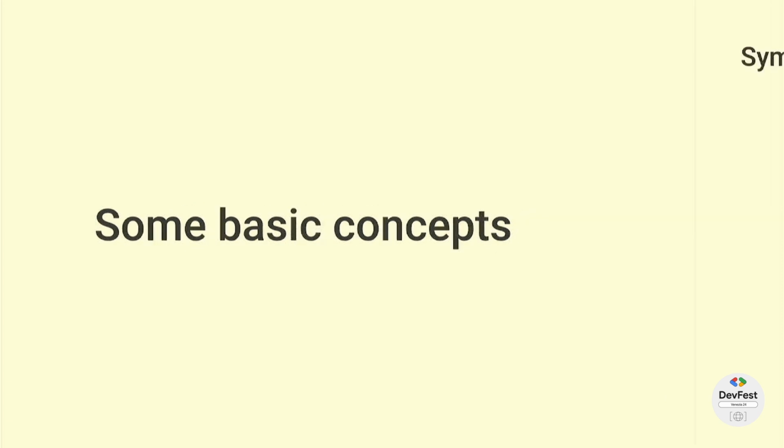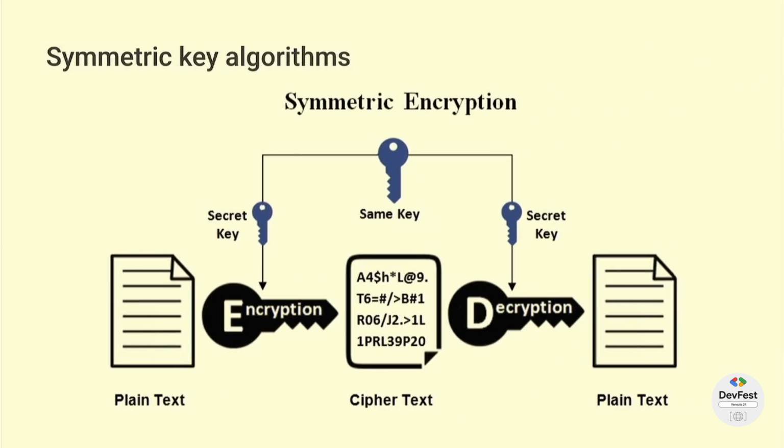So some basic concepts. Symmetric key algorithms. These are algorithms that share a secret key that is used for both the encryption and decryption phases. Starting, for example, with a plain text, which could be a string, we generate a secret key and use it with an algorithm for the encryption.